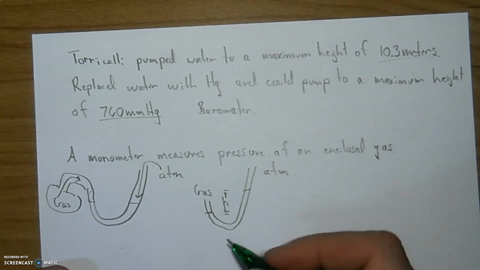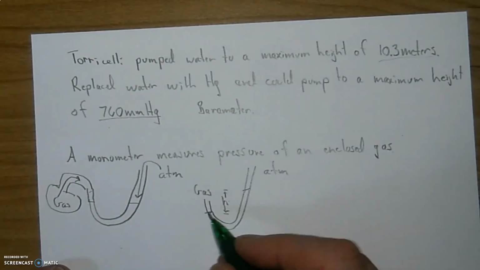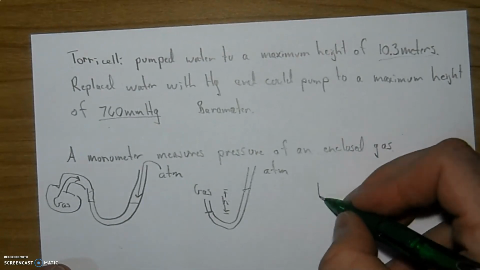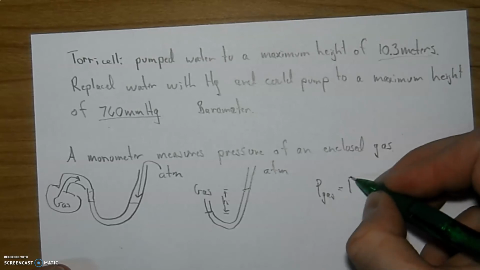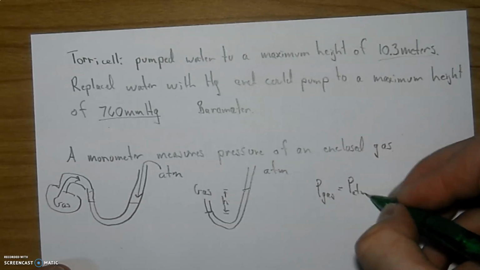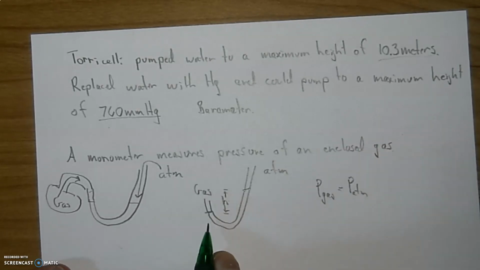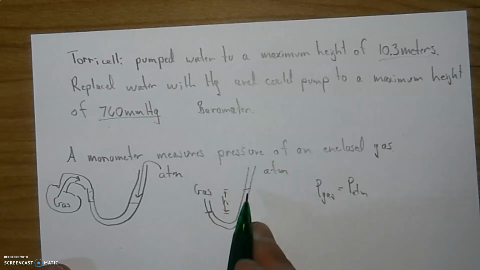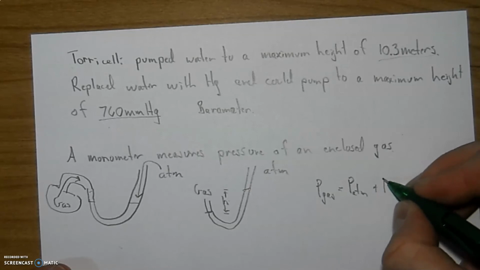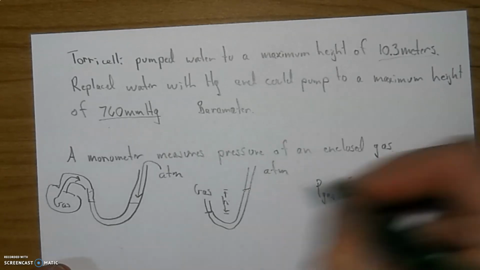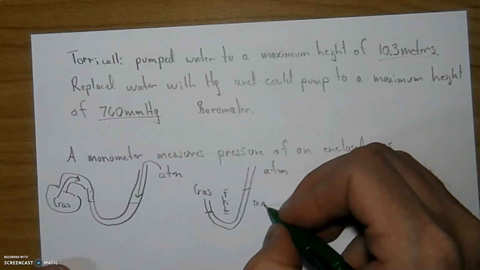So what is the pressure of the gas? Well, the minimum of the pressure of the gas is going to be the atmospheric pressure. So the gas is pressing more strongly down. It pushed it down. So it's beating the atmospheric pressure plus whatever height this is in millimeters.